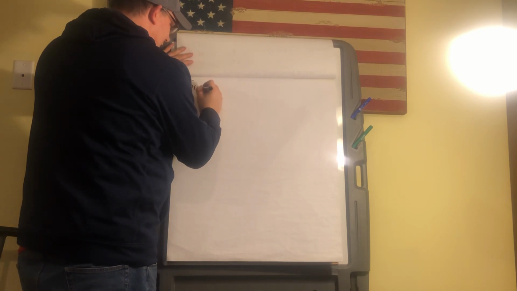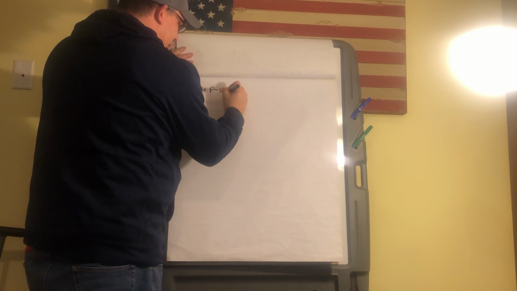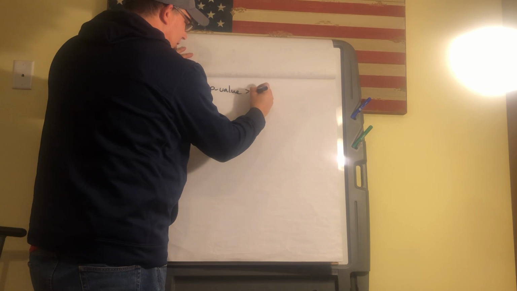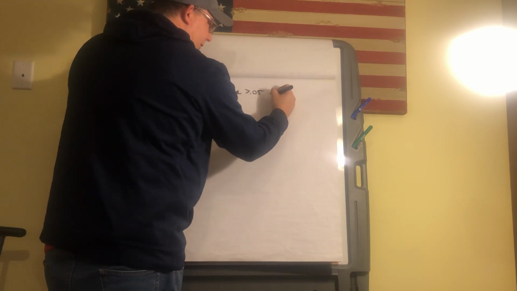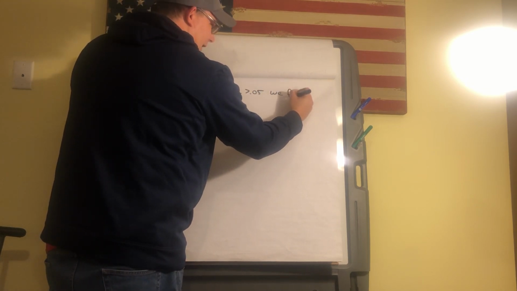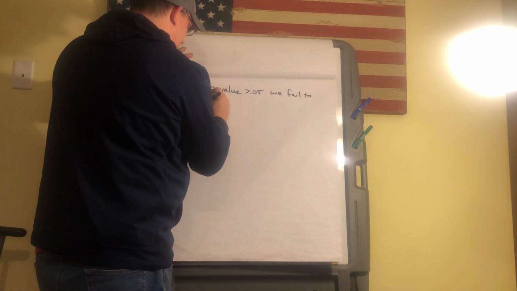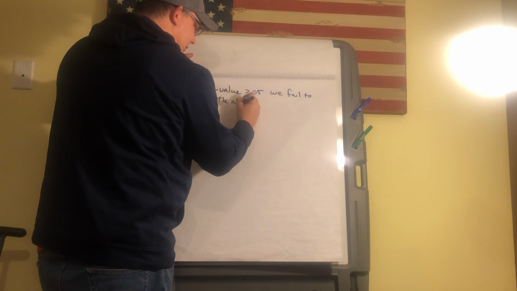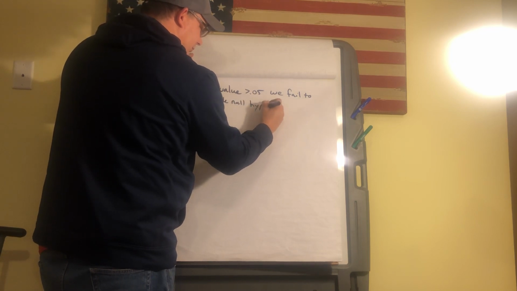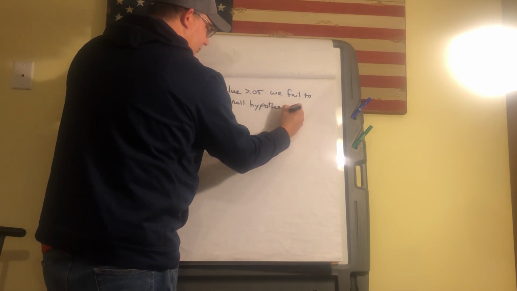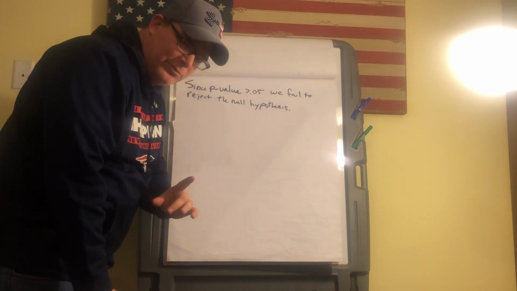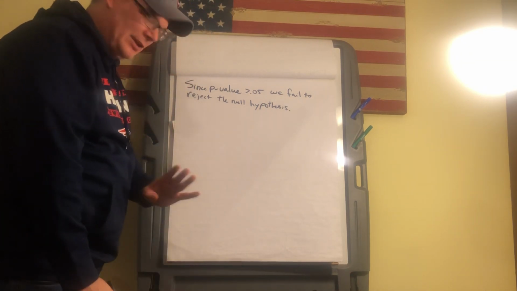So since the p-value was greater than 0.05, we fail to reject. Okay, so still the same rules as all of the other ones. Greater than 5%, fail to reject.